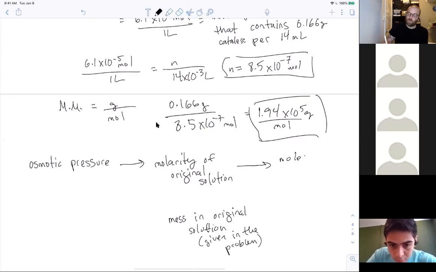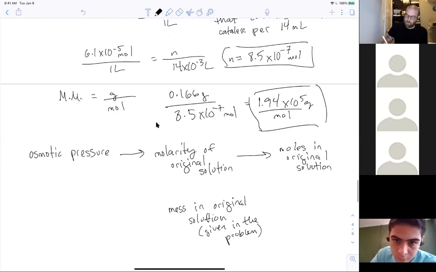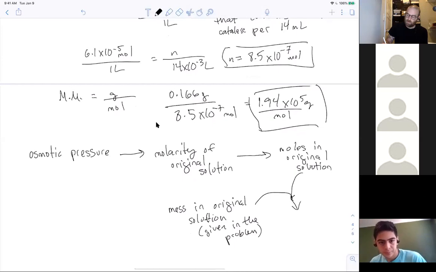We can use that to get the moles of the original solution. And those two things we can combine to get the molecular mass.